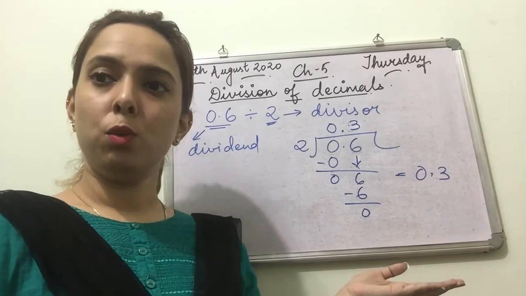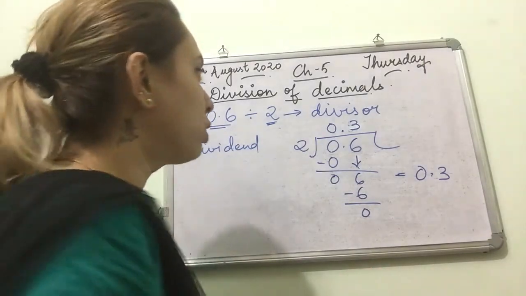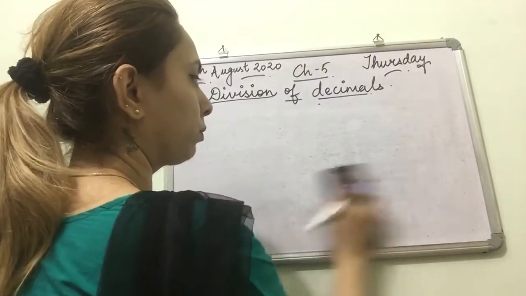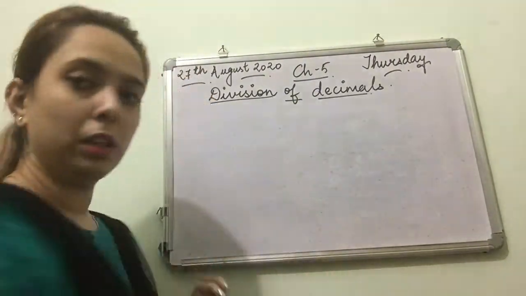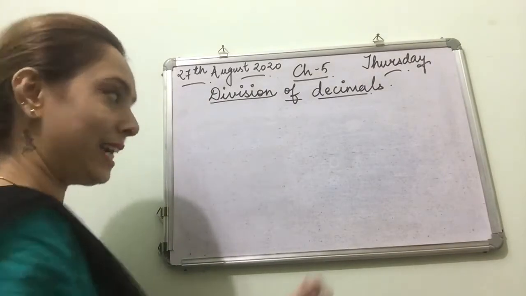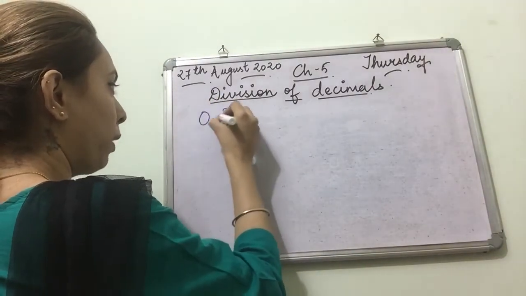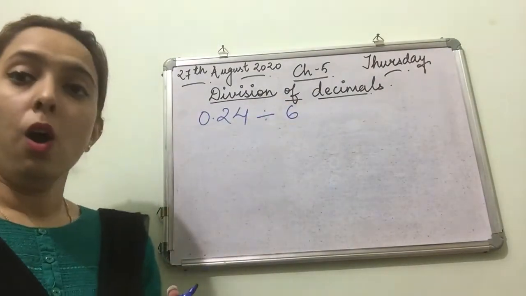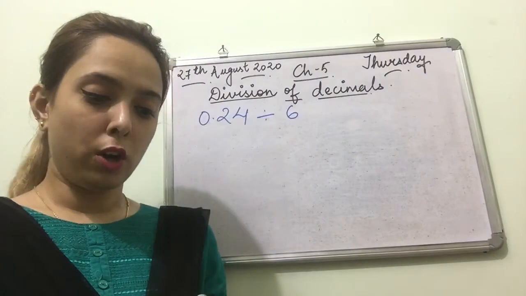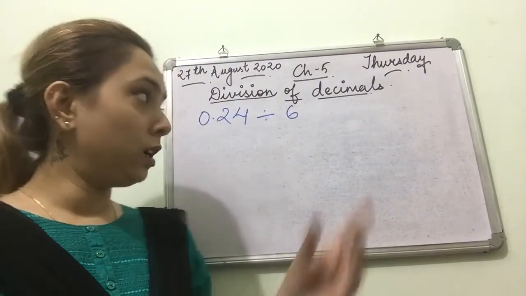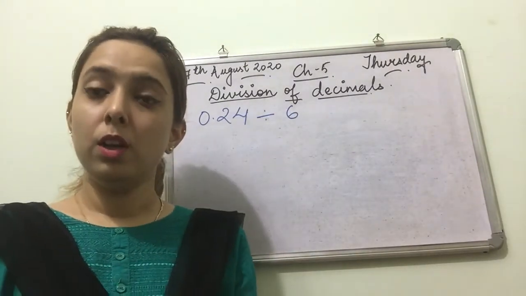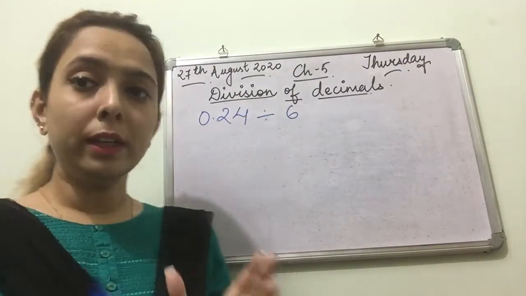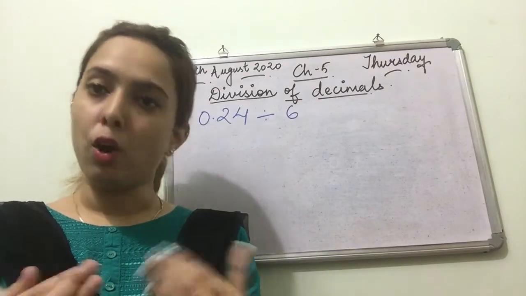I would like to give you one more example to make it more clear to you. Let's take a number 0.24 divided by 6. Always and always your divisor should be a whole number. Your divisor should be a whole number. Your dividend can be a decimal number or a whole number.